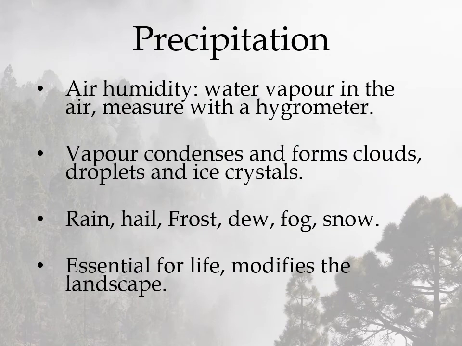So, precipitation. Then we need to know what humidity is, which is as simple as the water vapor in the air, the amount of vapor which is in the air. It's measured with a hygrometer. The hygrometer can measure the amount of water in the air. It is measured in a percentage. We can say that we've got 10% of humidity, 20% of humidity, or even 100% of humidity.